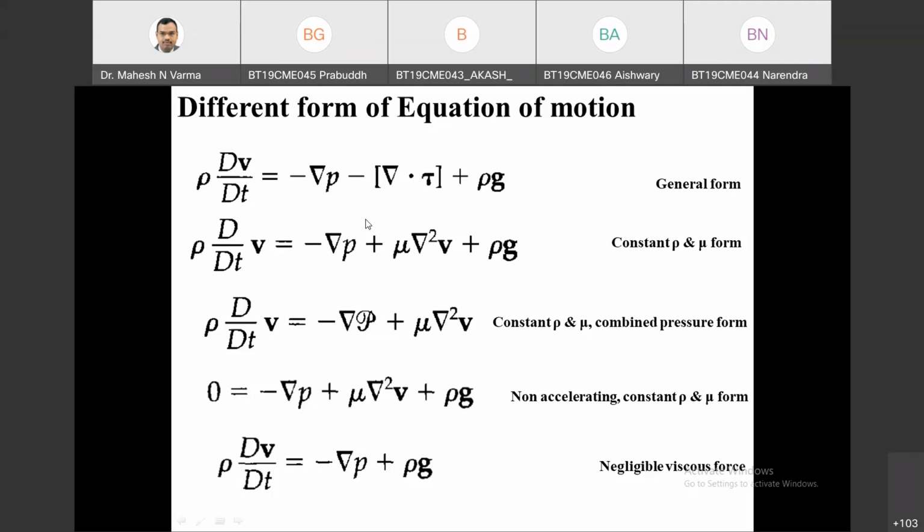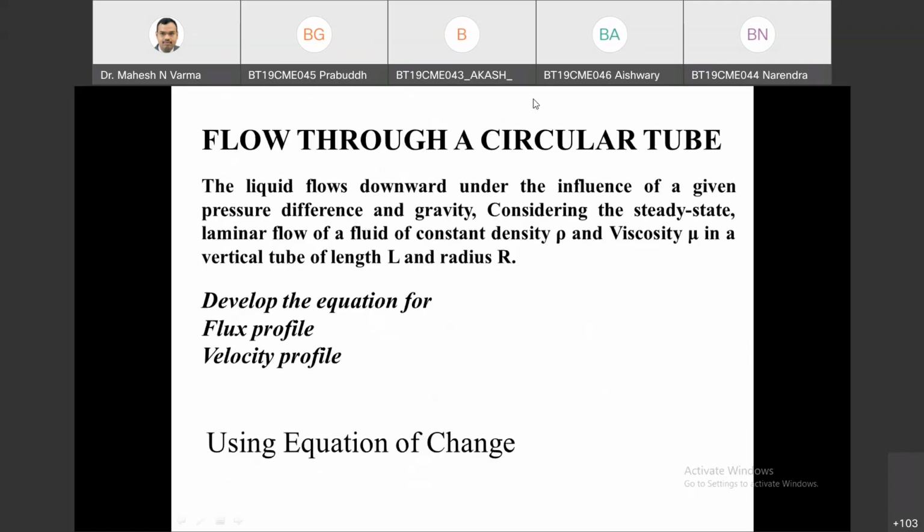So this is the given problem, because this is flow through circular pipe. So cylindrical coordinate system, constant density and viscosity, so Navier-Stokes equation and flow through circular pipe, and you can say gravity, consider a steady state laminar flow. Laminar flow means 1D flow, one dimensional flow.